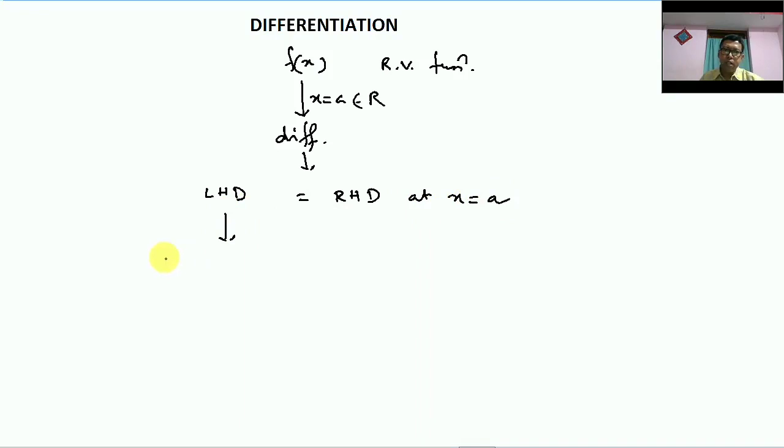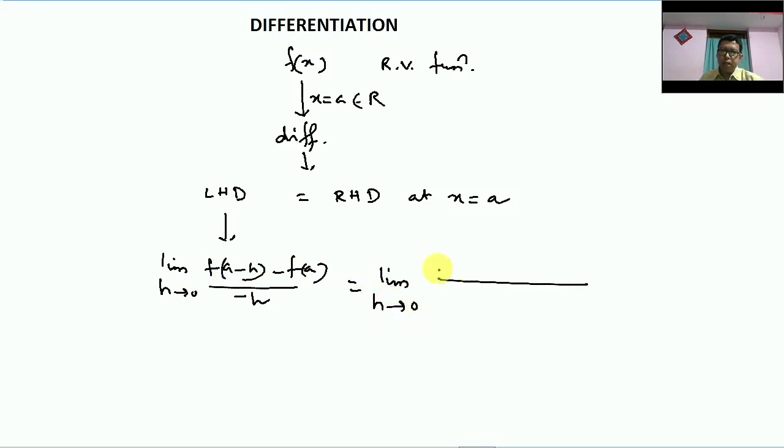LHD means limit h tends to 0 of f of a minus h minus f of a, whole divided by minus h. This is equal to limit h tends to 0 of f of a plus h minus f of a, whole divided by h.